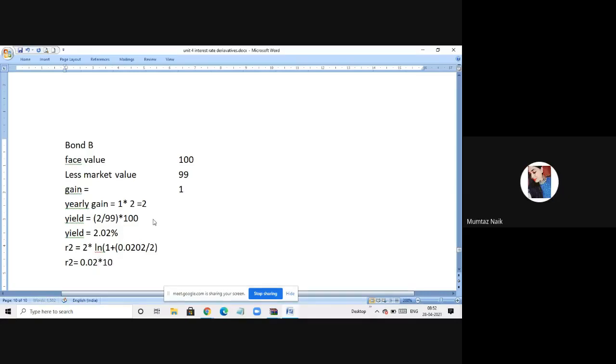Yes, ma'am, 2%. 0.02 into 100, R2 will be 2%. So this was about bond B, how the yield is found out for bond B.